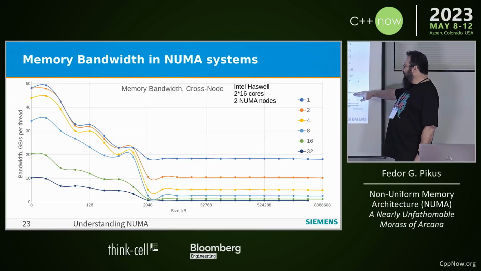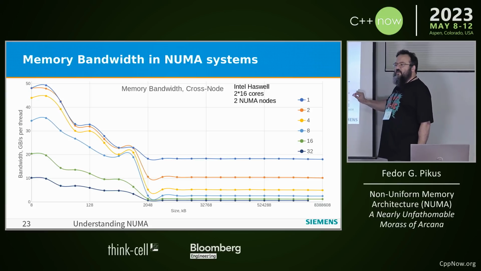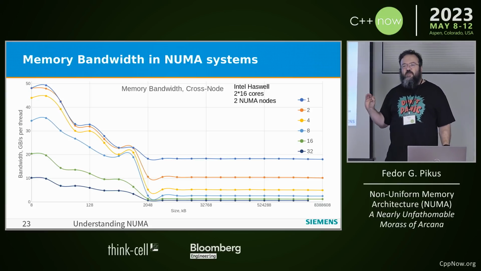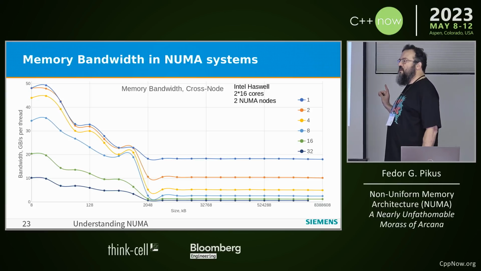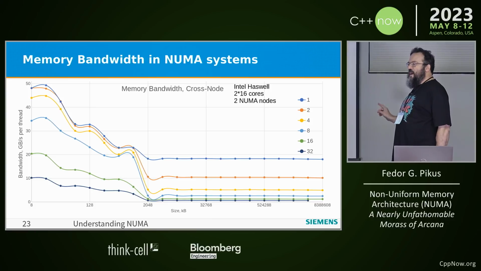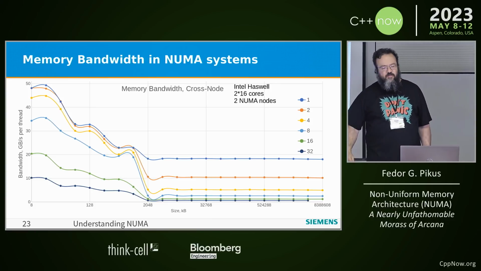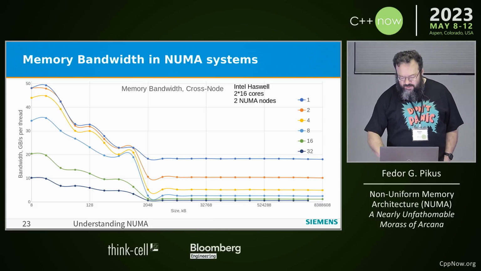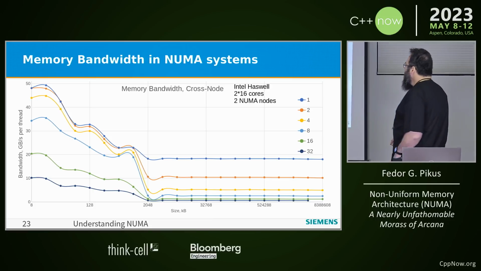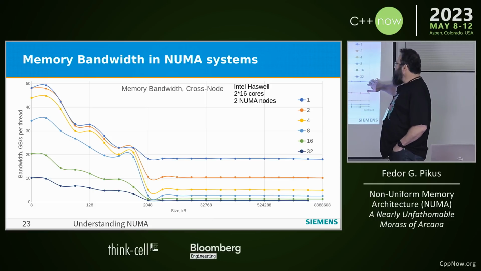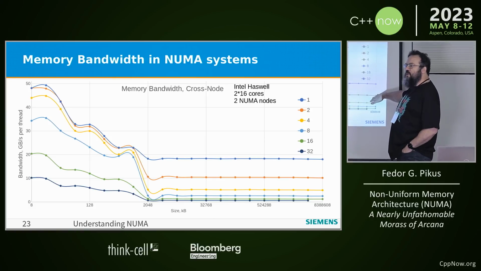If it was exactly at the limit, this would be at the half. It's a little over half, which means the cross node link can supply barely more than one thread with memory at the speed at which the core can read memory, or write memory in this case. And after that, it goes down. So memory bandwidth within the node is higher than between the nodes.